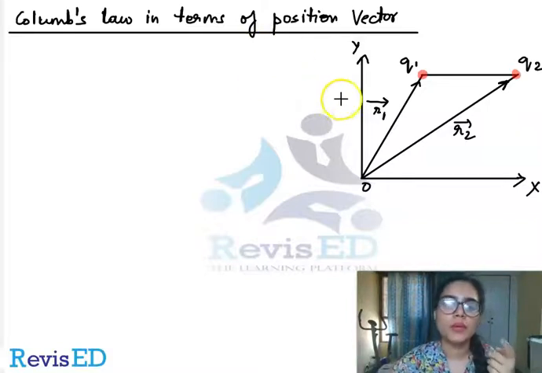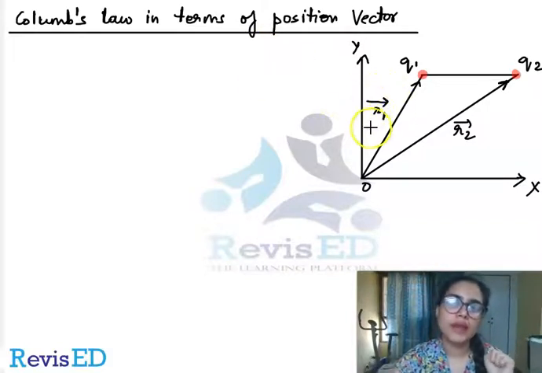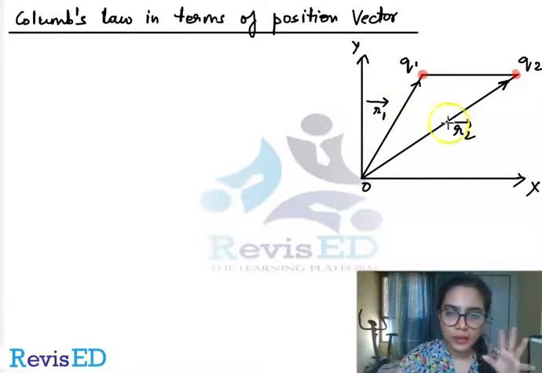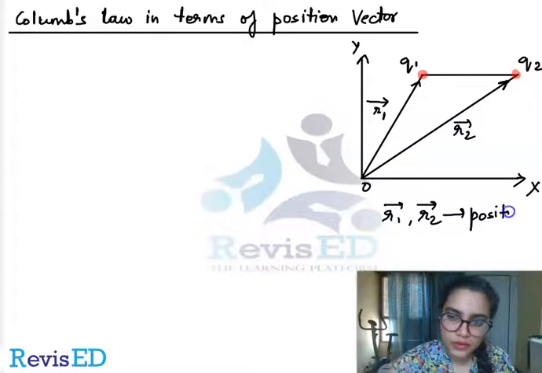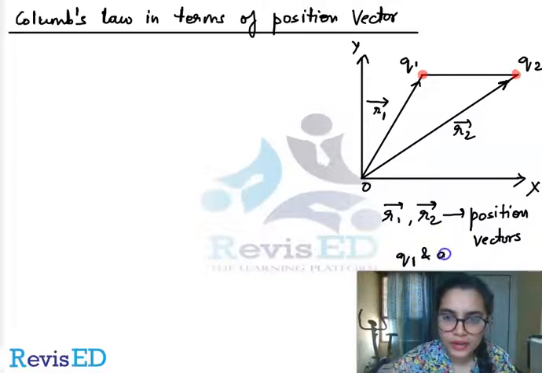Similarly, when we talk about vectors, what happens is that we have a position vector over here. Let R1 and R2 be the position vectors for Q1 charge and Q2 charge respectively.